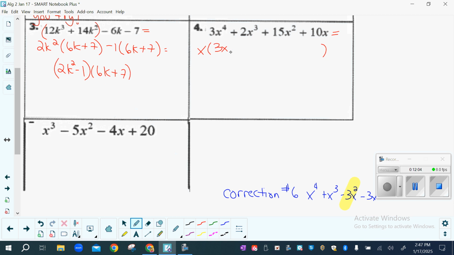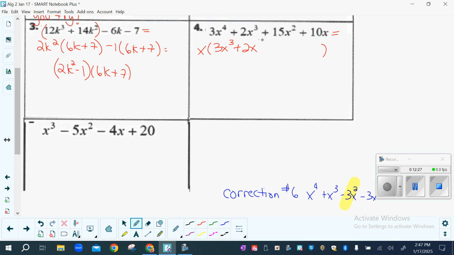here in this group, what are we left with once we take the X out? Yep, 2X. So what's the exponent on the X?